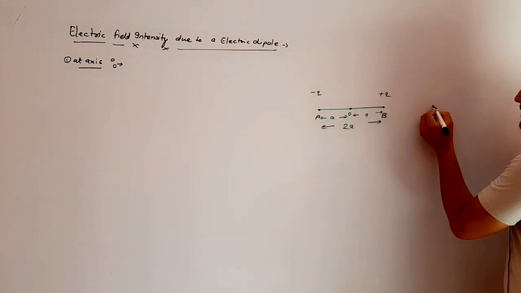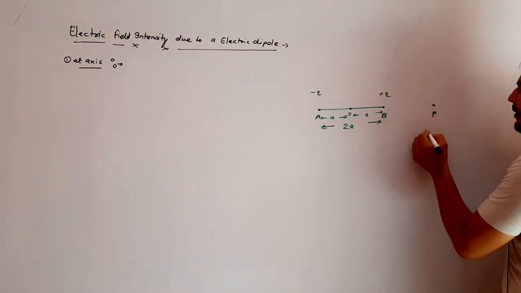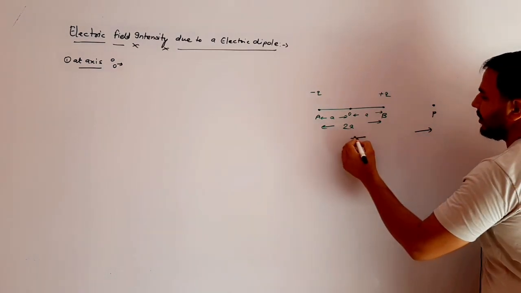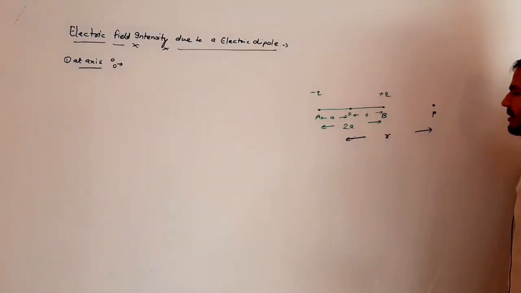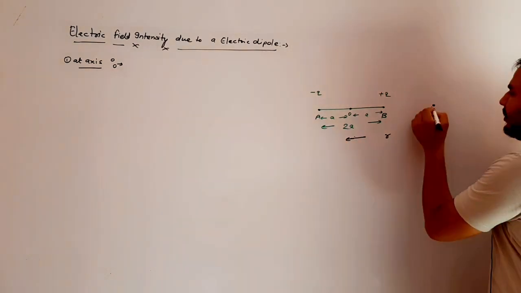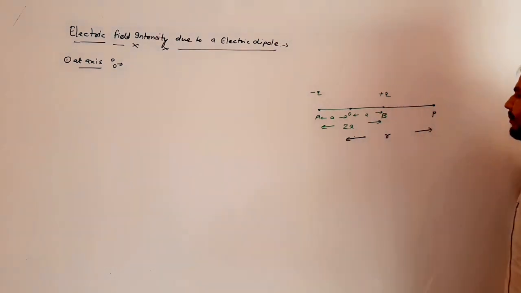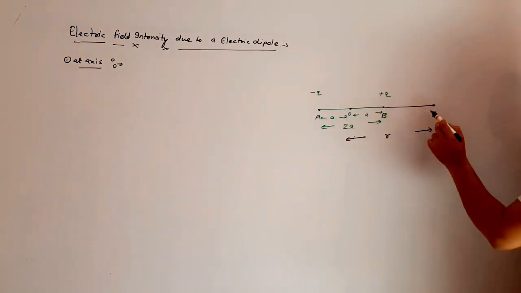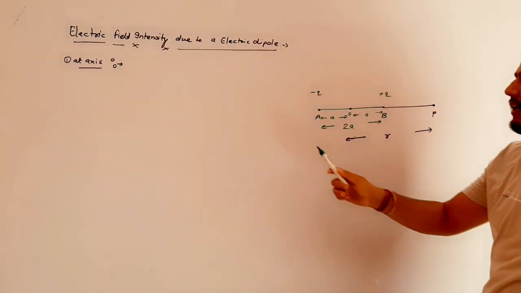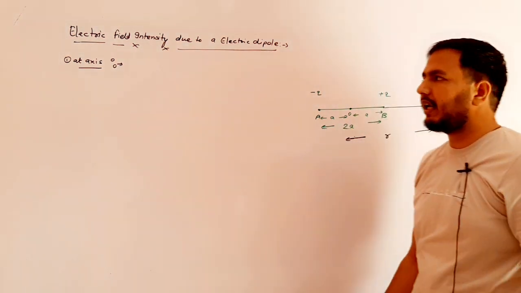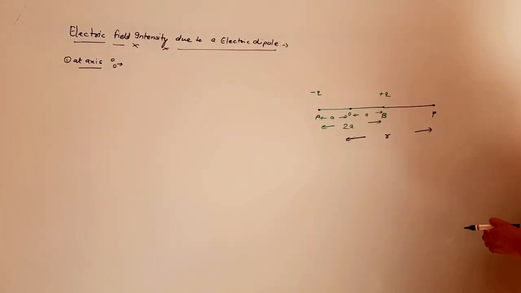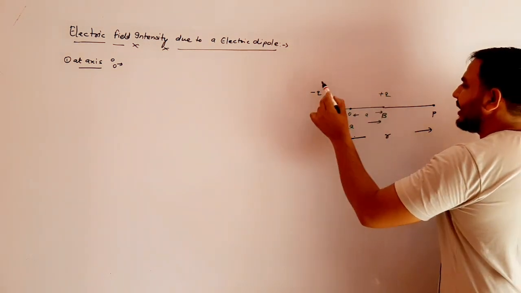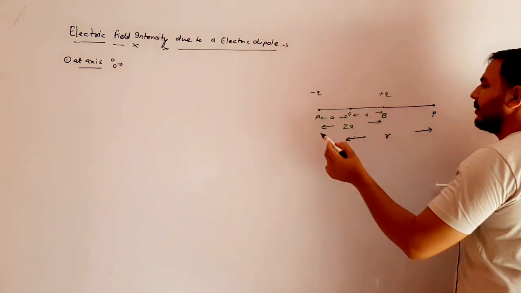We consider a point P, whose distance from the O is r. This is the point P, where we have to calculate electric field intensity due to an electric dipole. This is the electric dipole. Clear?